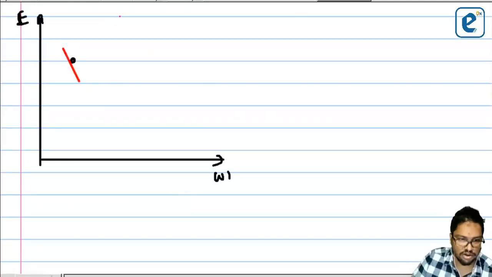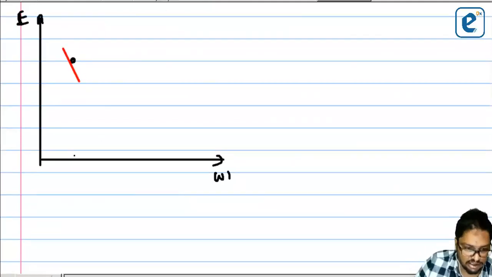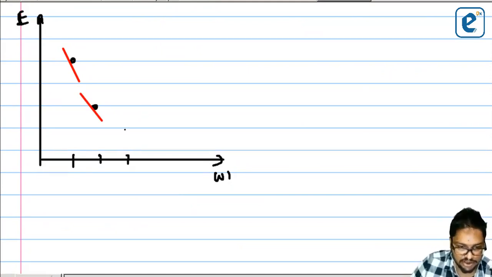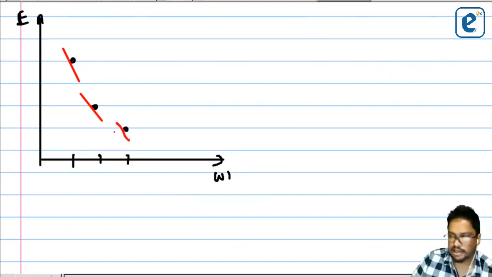So we know definitely the weight should be increased, right? Okay, so now the next point is somewhere here. Okay, then again the gradient descent algorithm is going to give us a point like this. I'm just assuming, right? And the gradient is like this, right?